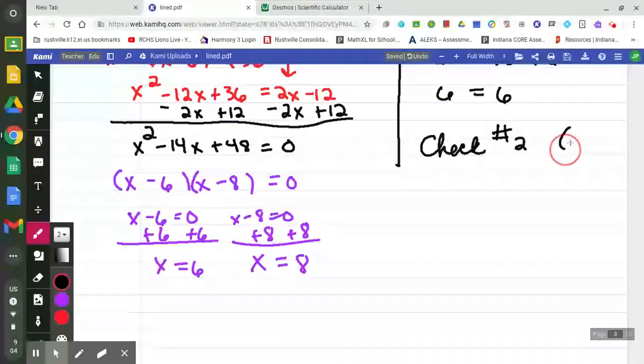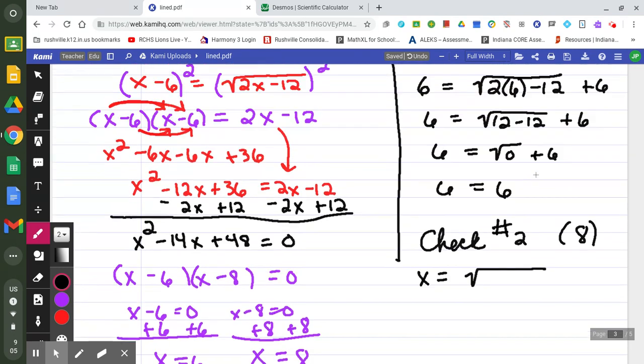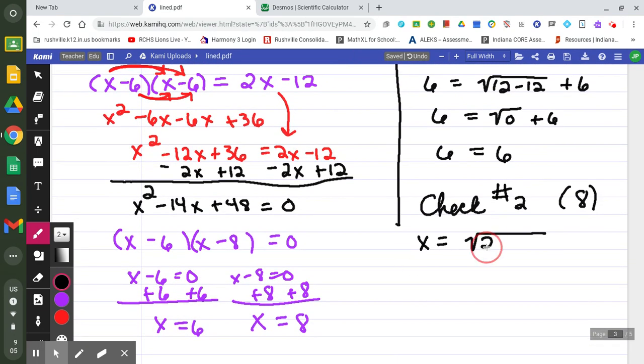And so I'm going to be checking the answer of 8. So I'm going to put an 8 in for the x, an 8 in for the x here.